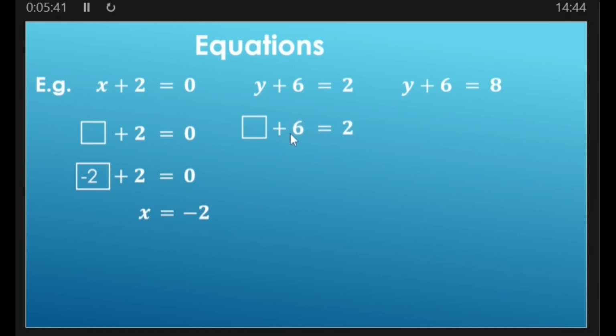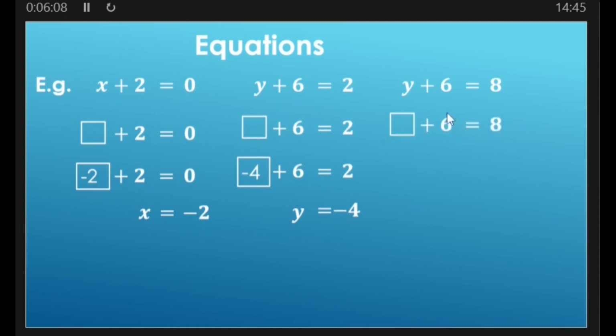In order to remain with 2 from 6, you have to subtract 4 from 6, which means here you have minus 4 plus 6 equals 2. So y here is represented by, or holds, the number negative 4. Equally, here we can say a blank box plus 6 equals 8.